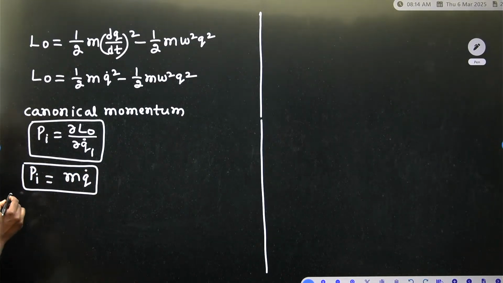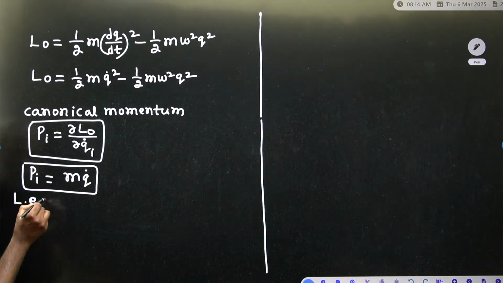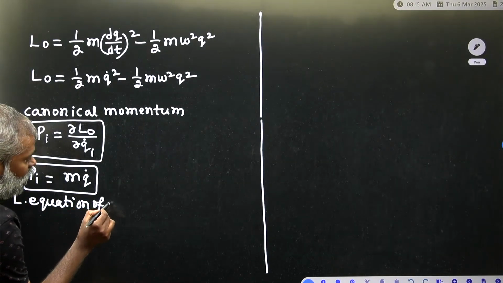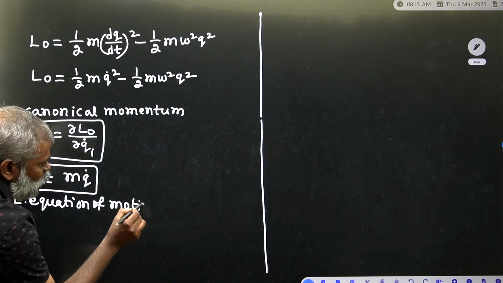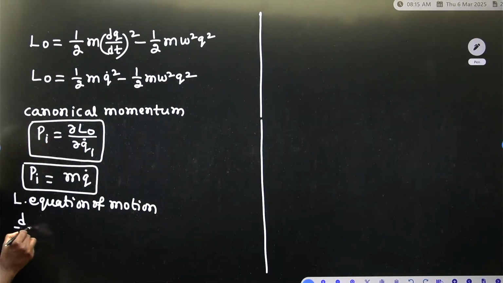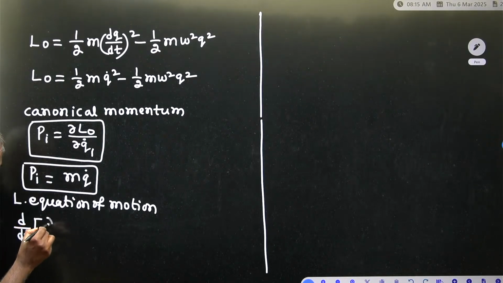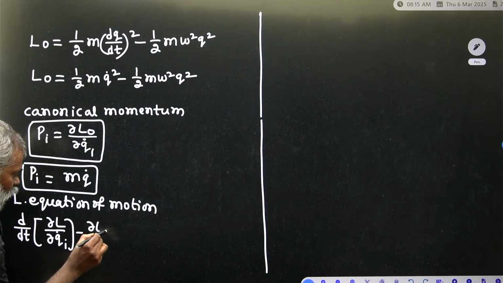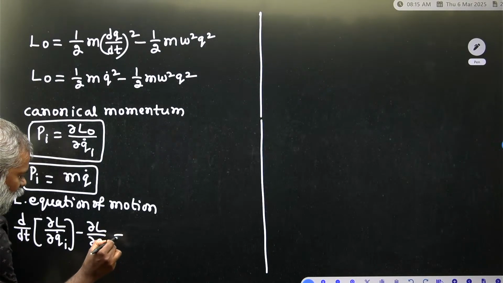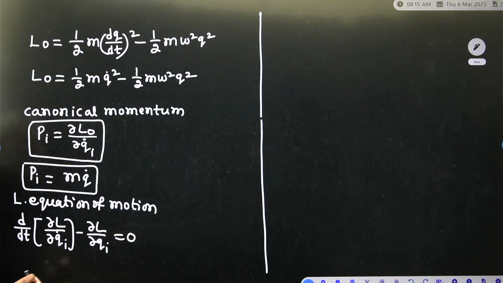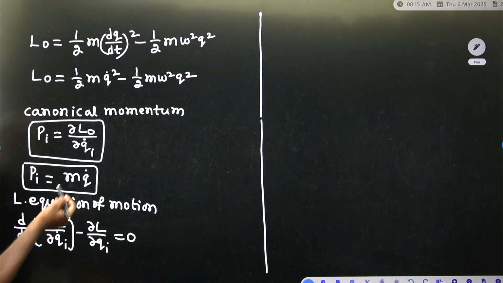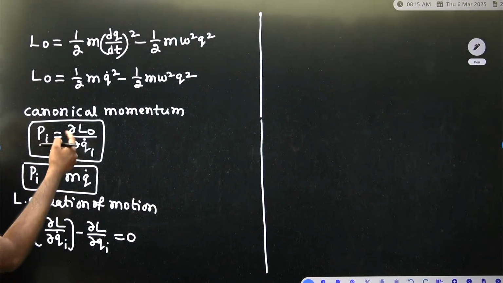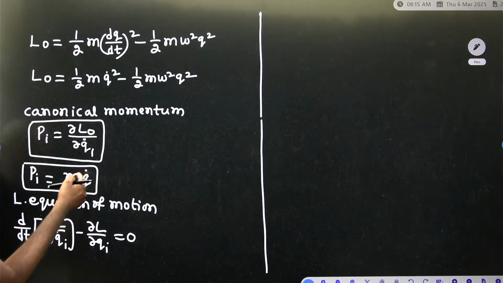Now you are able to see the Lagrangian equation of motion. What is the equation of motion? The Lagrangian equation of motion formula is d by dt of dou L by dou qi dot minus dou L by dou qi is equal to 0. Therefore you substitute, as already discussed, dou L by dou qi dot is equal to m qi dot.